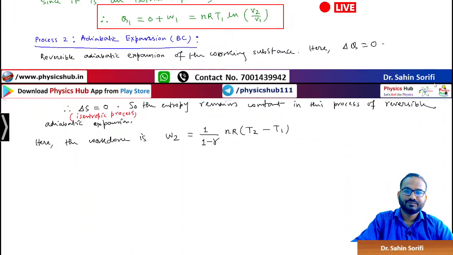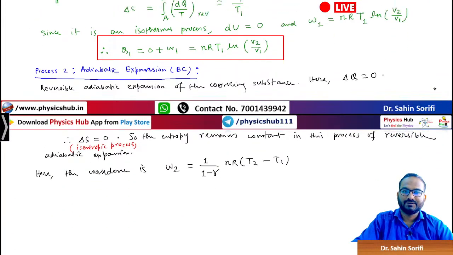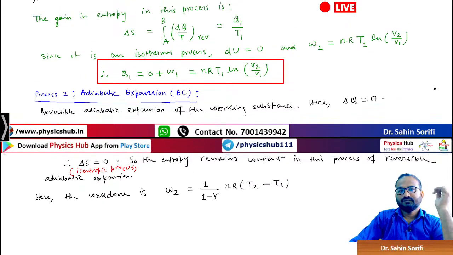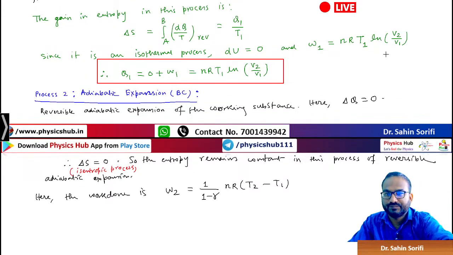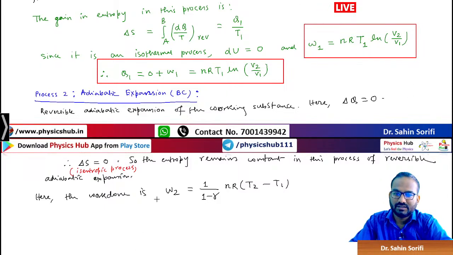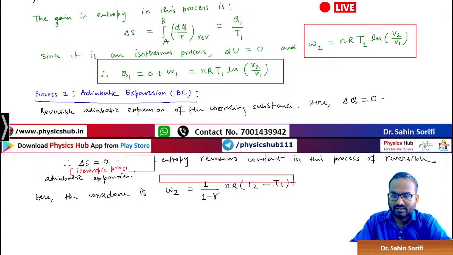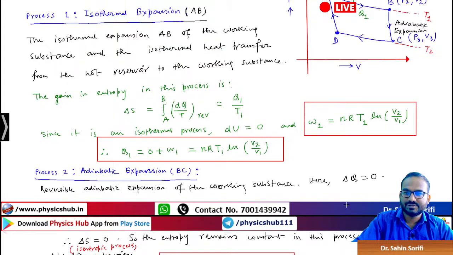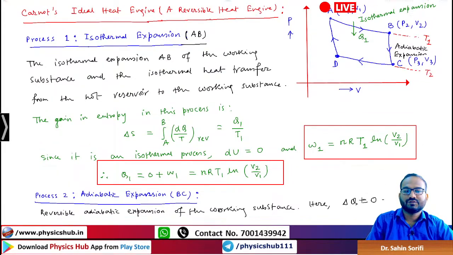So this is the work done. To find out the efficiency of the heat engine, we require work done, so let us highlight the work done in each step. Process 2 is done.